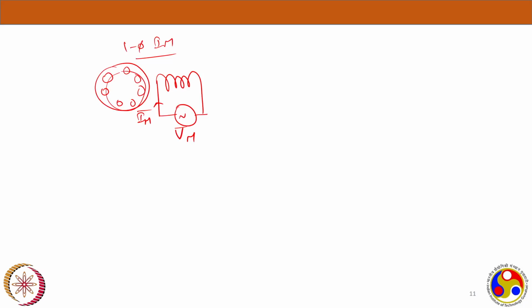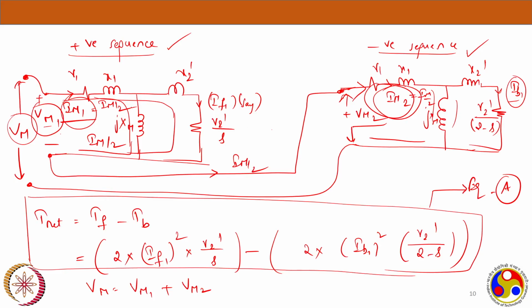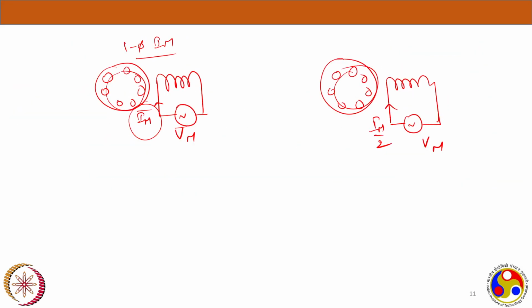One thing which is not going as per the standard is the current. Even though I have VM here in my equivalent circuit, I have a current of IM by 2. That's what we have observed: IM1 and IM2 are currents in series. So now if we somehow make it IM, let's say this is a single phase motor, this is our present case.